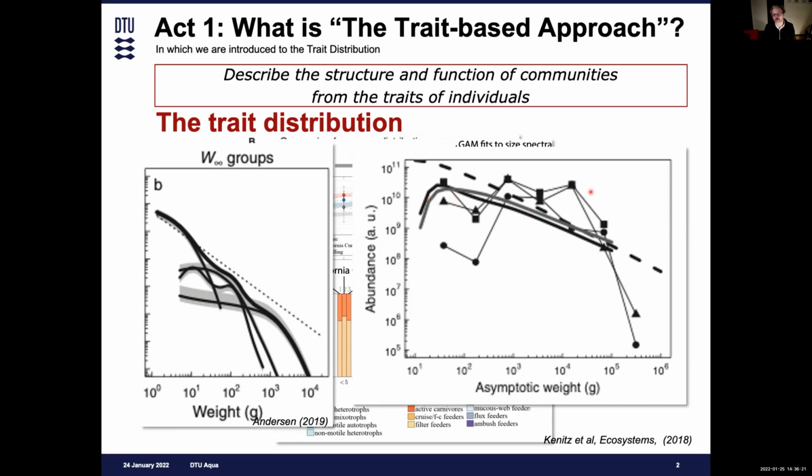The points here are measurements, the other ones are various attempts at theoretical explanations. And you have the same here, where you have actually resolved both individual size and asymptotic size. So this would be the biomass of species which are small at the asymptotic size. Here we have the biomasses of species which are large. So they are both trait distributions.